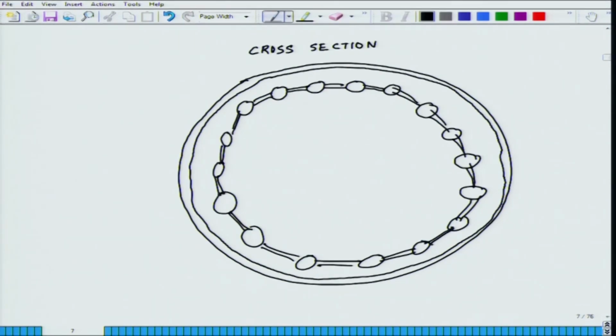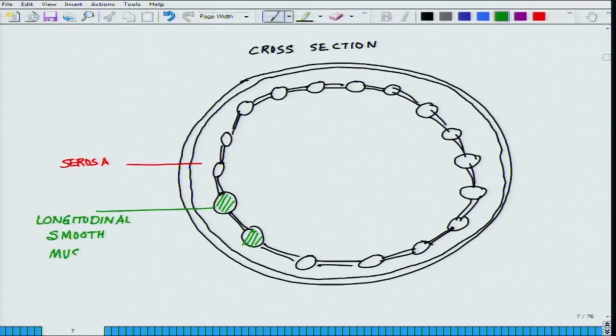So, this next layer, the space between this and this, is called serosa. And this layer is called longitudinal smooth muscle.